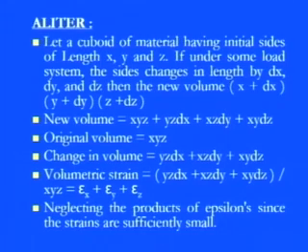So the original volume is this xyz, and for the change in volume, if you replace those things, we have dx into yz, dy into xz and dz into xy. So the volumetric strain is nothing but the change in volume divided by the original volume, which will give you epsilon x plus epsilon y plus epsilon z if you divide those things.